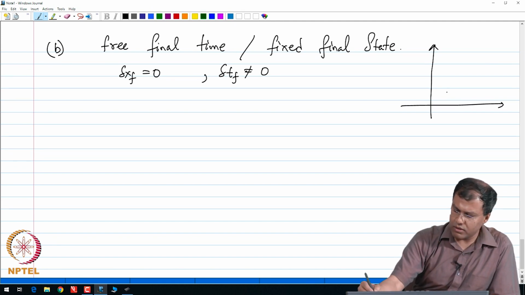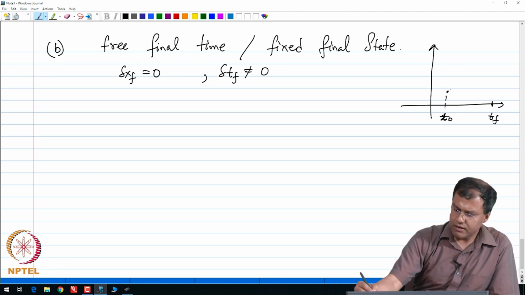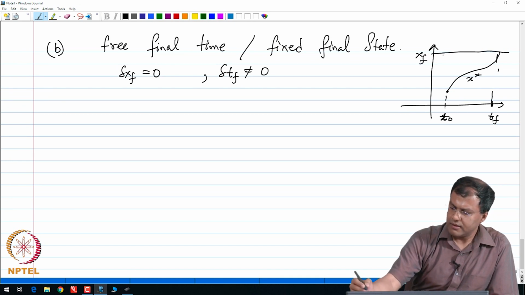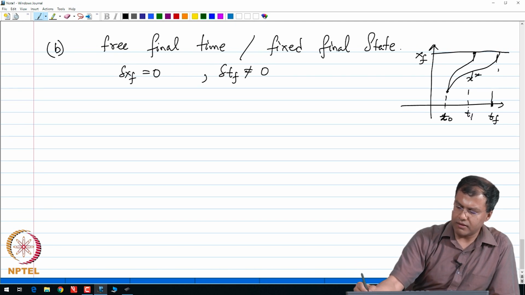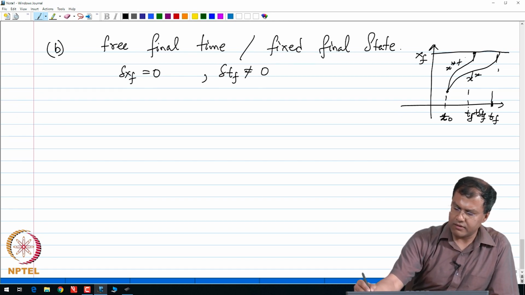Let us say this is my time point t 0 and my time point t f, and my initial curve is the following, this is my x star, and x star changes in such a way that my final state does not change, but my new perturbed final time is T f plus delta T f. So, the final time changes, but the final state does not change. So, this is x star plus delta x.